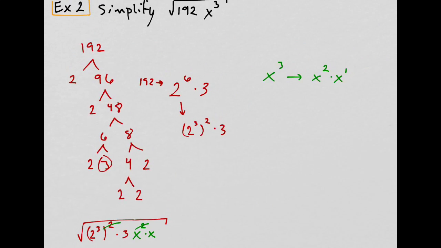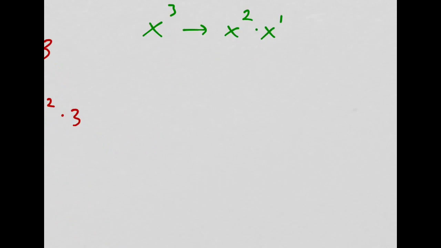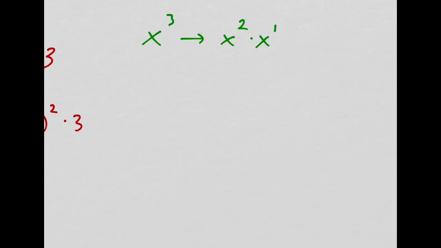Just a bit of a note, if you had, say, a short mini example, x to the 5th, if it was odd, this one would change to x to the 4th times x to the 1, and then this part we can rewrite.